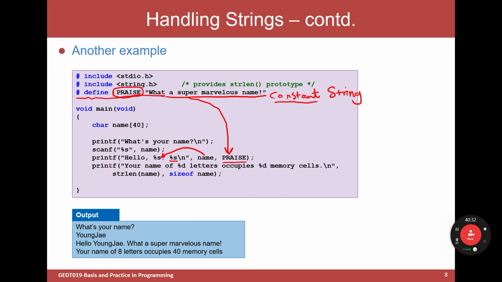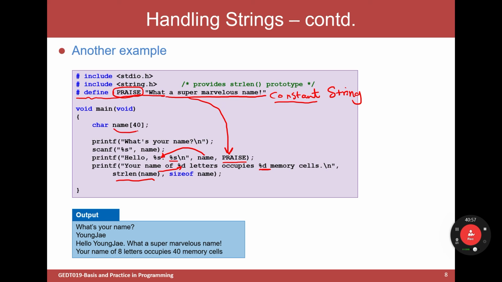And then after that you print your name of some letters, occupying some memory. The string length of this one will go to the number of letters, and this one is the memory required.